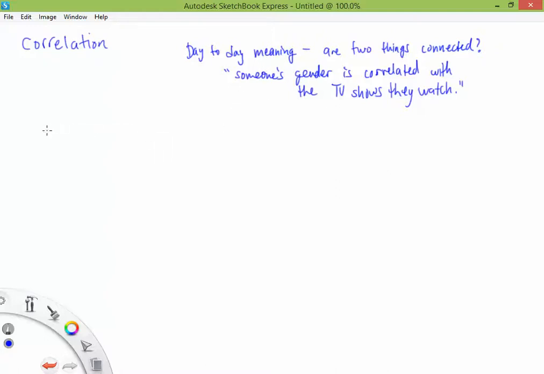In statistics, we have a specific meaning, okay? Correlation only applies if we're asking, are two numeric variables connected, okay?